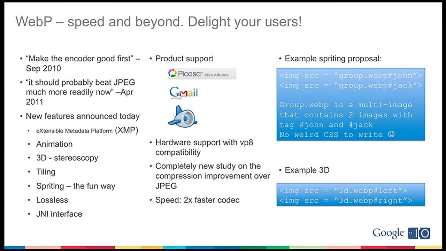So we started with WebP, and we focused on speed because that was going to be the major feature of the format. But we also wanted to delight a lot of our users. When we first released it, people gave us some good feedback that they wanted to see a better encoding of the image.